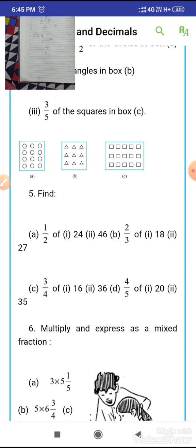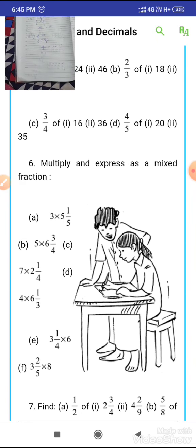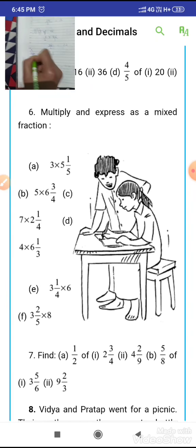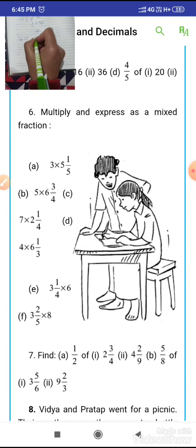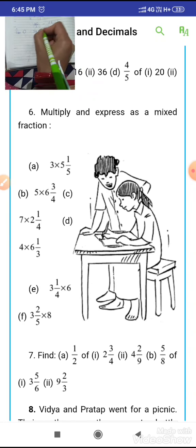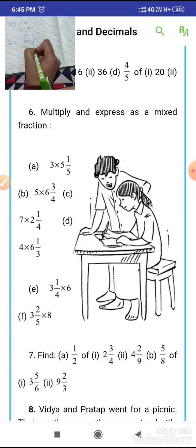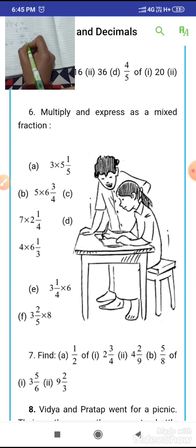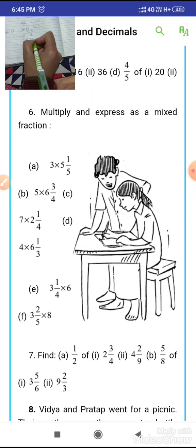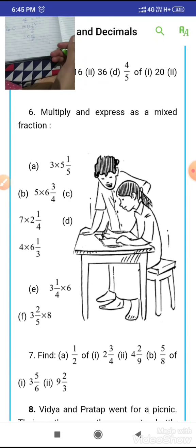Move to our next question, question number 6, and in question number 6, multiply and express as a mixed fraction. The first part of the question is 3 multiplied by 5 whole 1/5. First we reduce this mixed fraction into an improper fraction. 5 5s are 25, 25 plus 1 is 26, so it is 26 by 5, and then we multiply this 26 by 5 by 3.